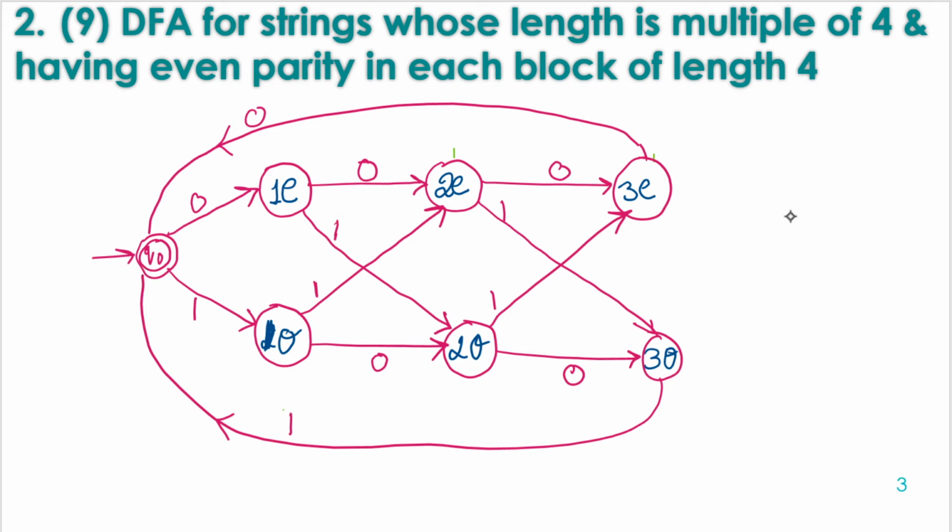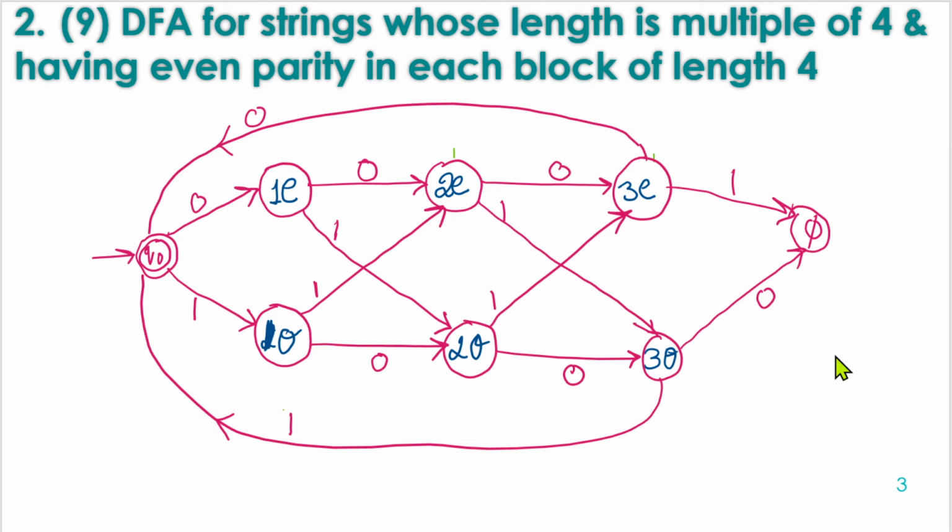But if the fourth symbol at this state is 1, the parity turns odd, and for that we need to move to the dead state. Same way from here, if we receive a 0, then the parity is still odd, and for odd parity we need to move to the dead state, right?